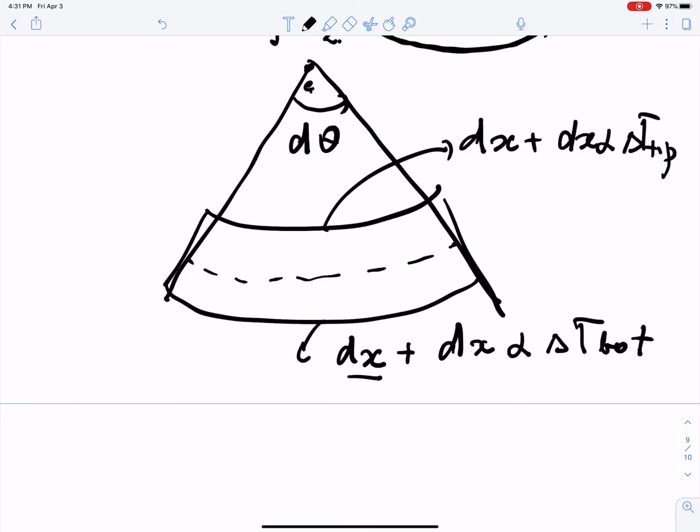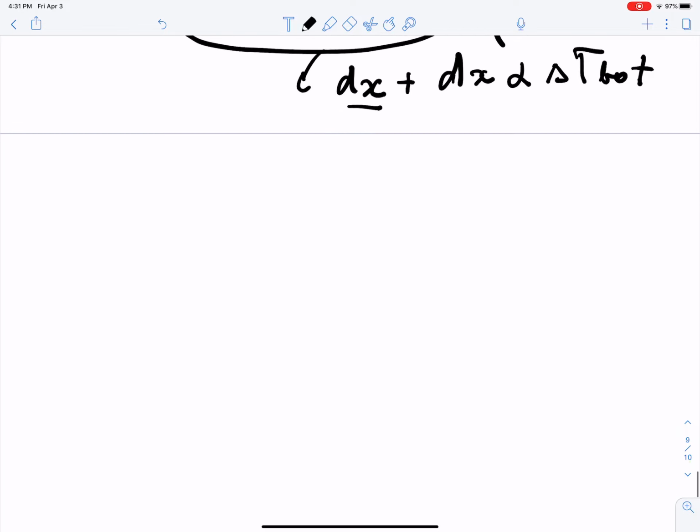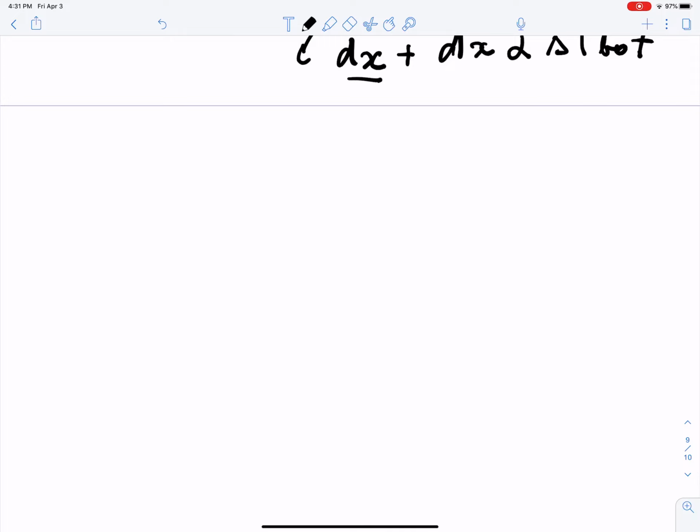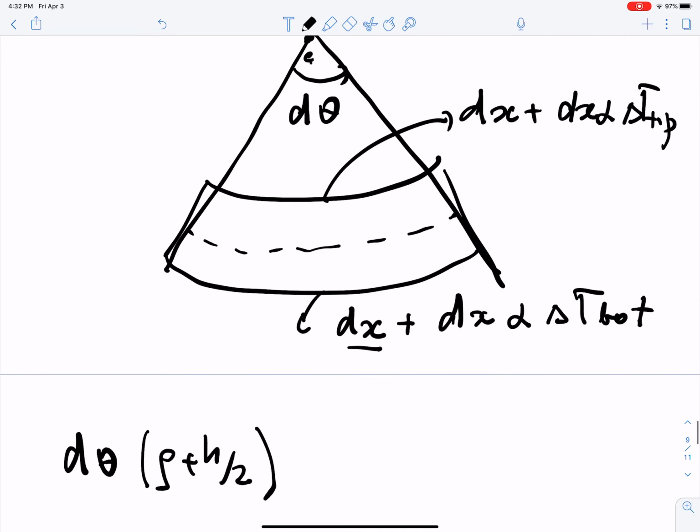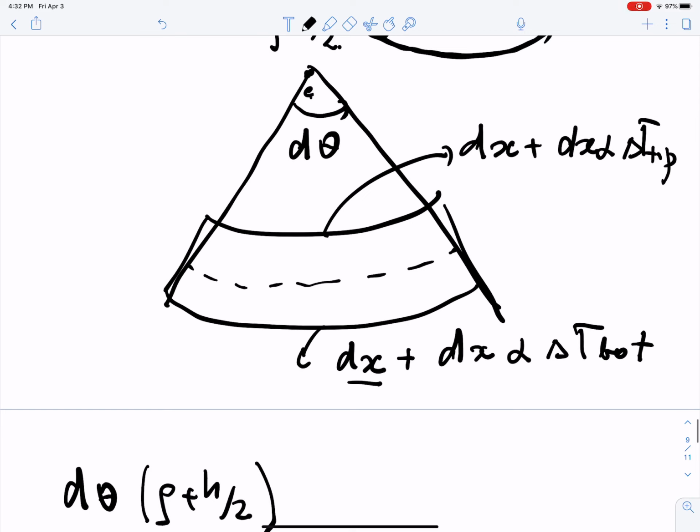Good. And so now I can write down two relationships. If I take the change in angle, d theta, and multiply it by rho plus h over 2, which is this length here, d theta times rho plus h over 2 will give me this length.